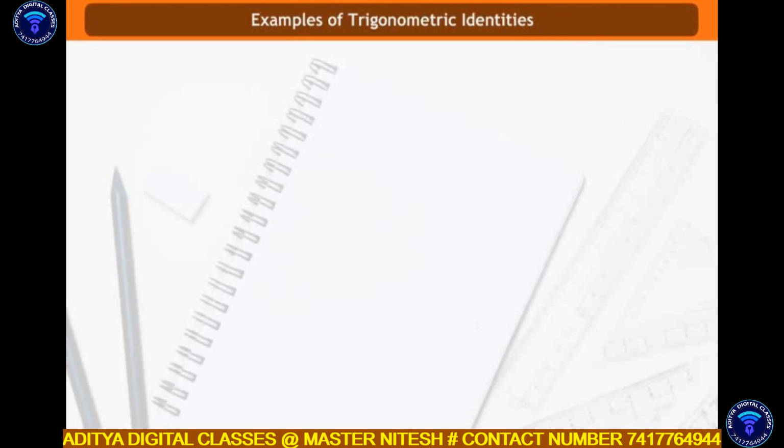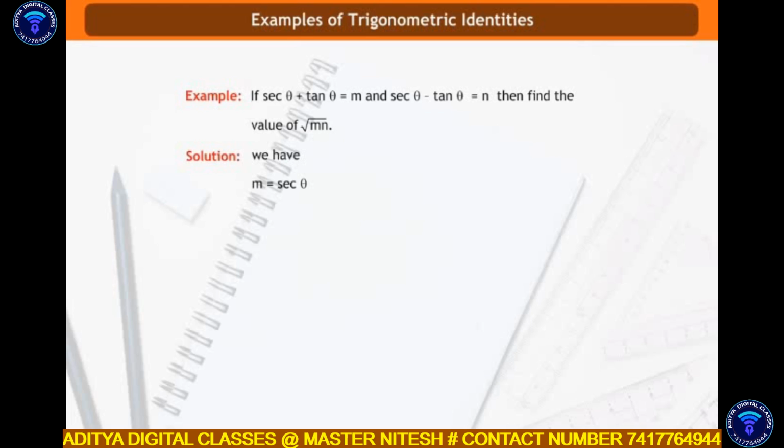Let us see some more examples. Example: if secant θ + tan θ = m and secant θ − tan θ = n, then find the value of √(mn). Solution: we have m = sec θ + tan θ and n = sec θ − tan θ.